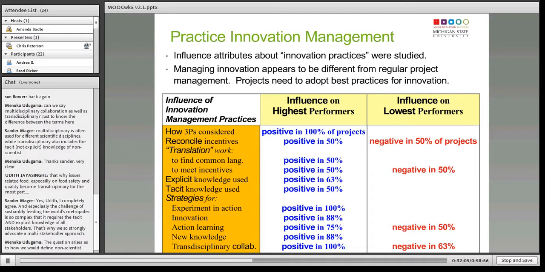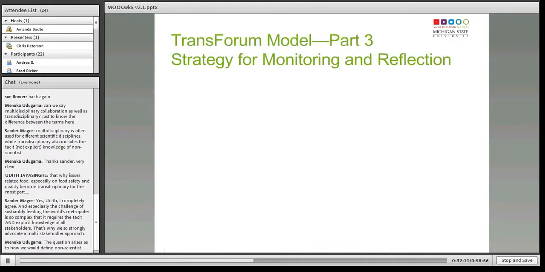Now that leads me to the third element or third part of the transform model, because based on both the multi-stakeholder engagement attributes and the innovation management attributes, I did additional in-depth and follow-up interviews with various key people to understand how did learning actually happen.